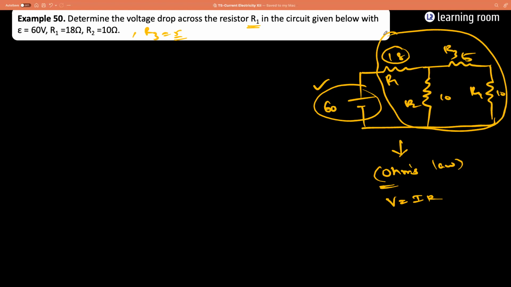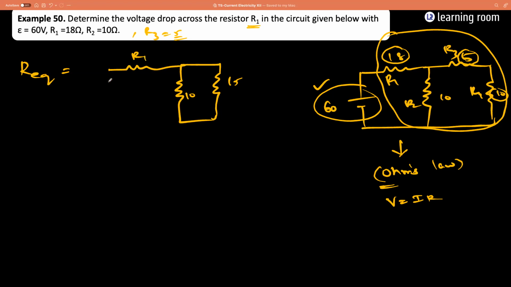It's a mixed combination. R equivalent is equal to, start from the right extreme point. 10 and 5, how are they connected? Series. So how much is that going to be? 15. So it will become 15 here, and here it is 10, and here it is R1.